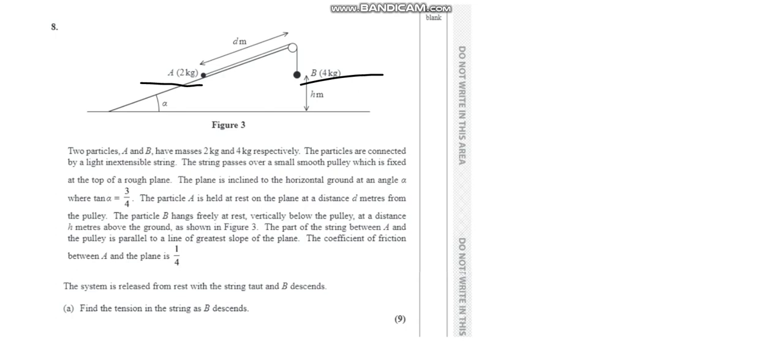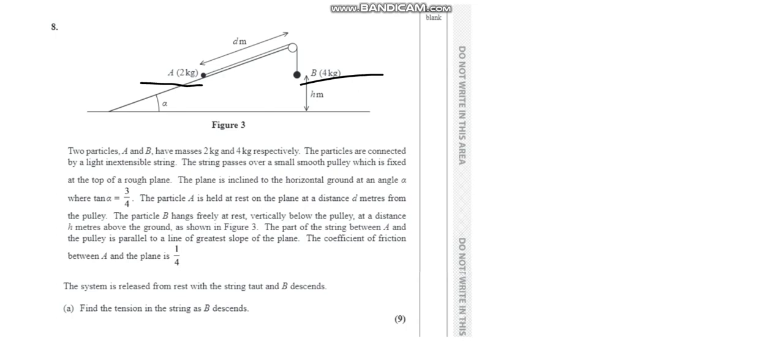The particle A is held at rest on the plane at distance d meters from the pulley. The particle B hangs freely at rest vertically below the pulley at a distance h meters above the ground, as shown in figure 3. The part of the string between A and the pulley is parallel to the line of greatest slope of the plane.